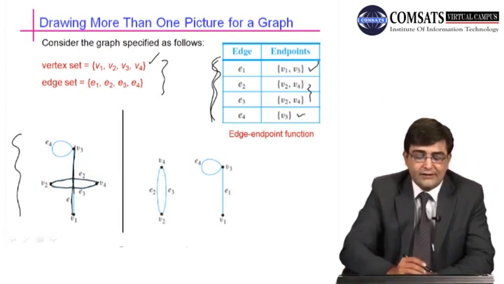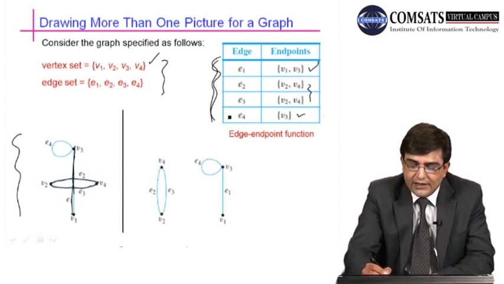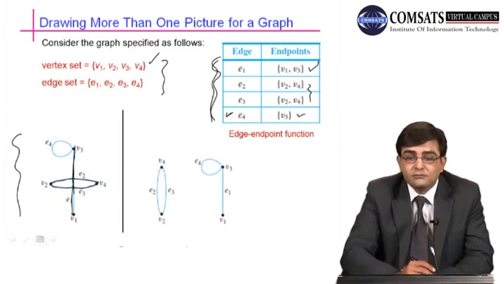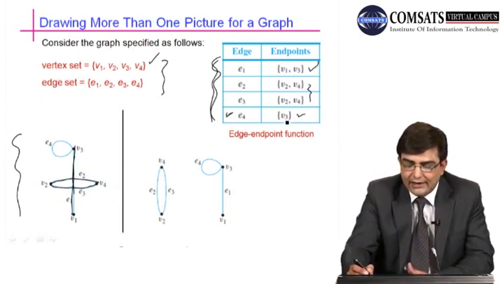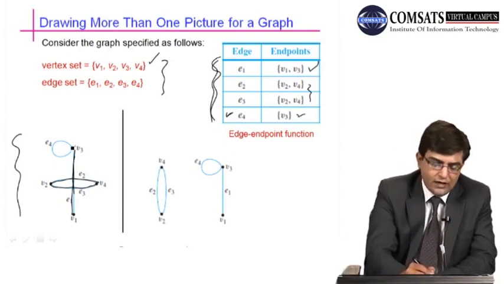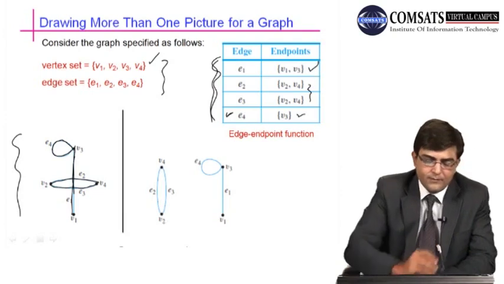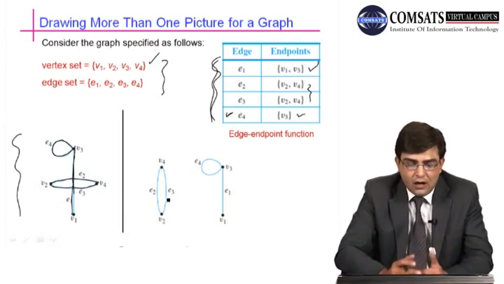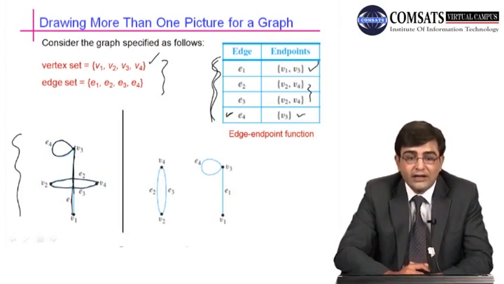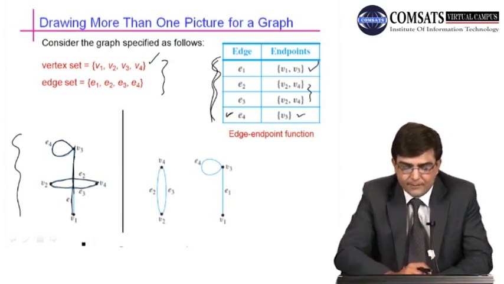And the last edge E4 is V3, a single vertex, so it is a loop. So we have constructed here a loop.